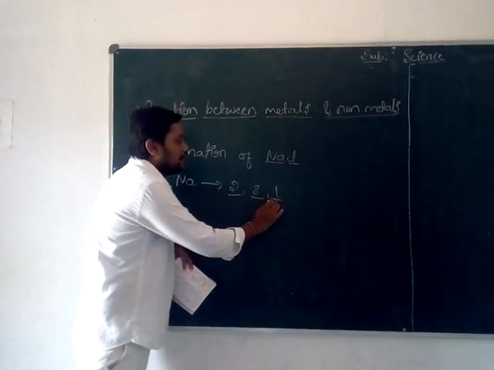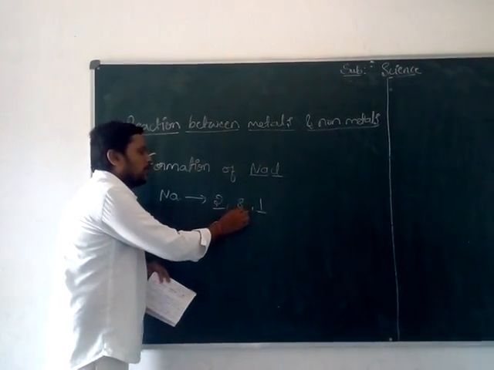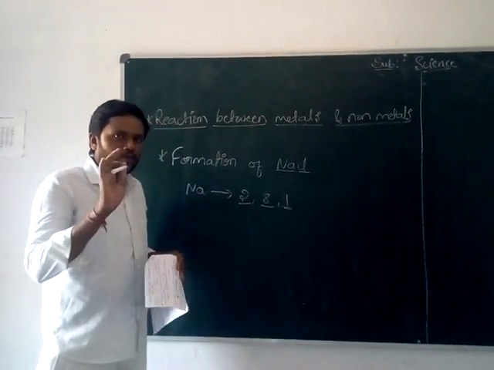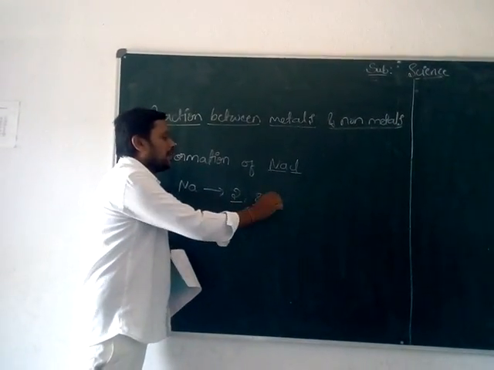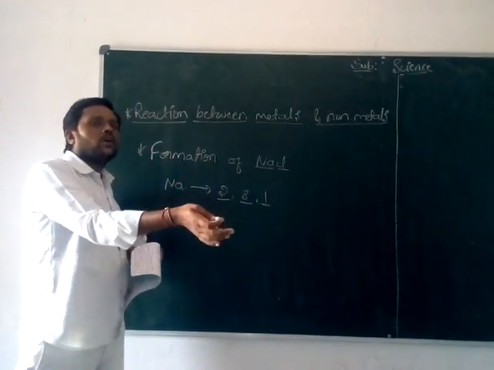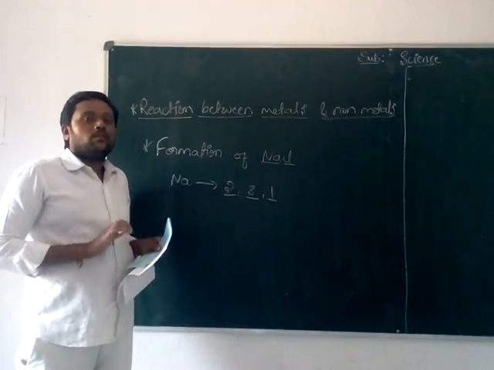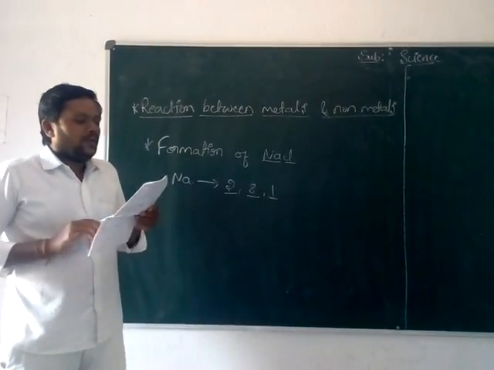Suppose 1 electron is removed from the M shell, then the L shell becomes the outermost shell and is completely filled. And if the 1 electron leaves, it goes to mix with the other element.